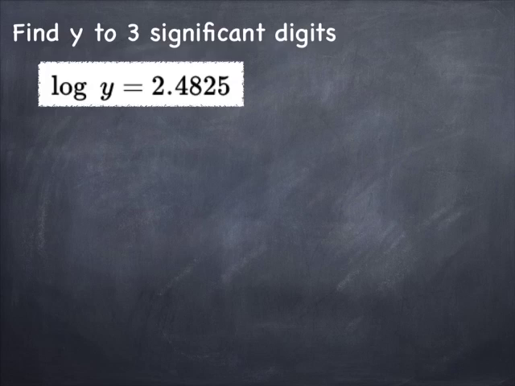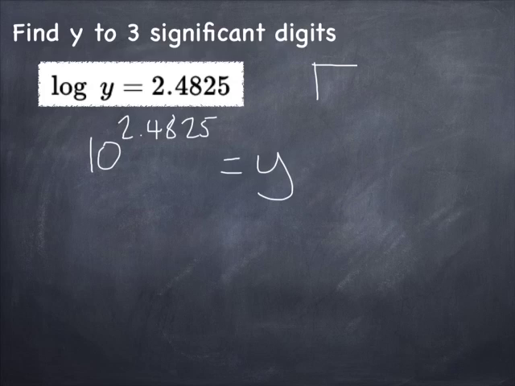Now, if we want to work backwards and figure out what number we're working with, we're going to have to turn this into an exponential form. When we do that, we have 10 to the 2.4825 power equals y. Now, don't fret. If you have a scientific calculator with a log button, you have a scientific calculator that can do this as well.